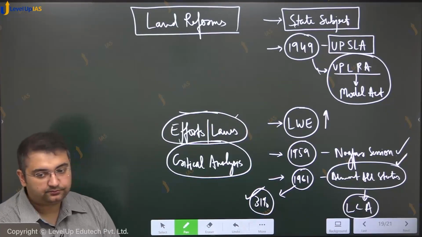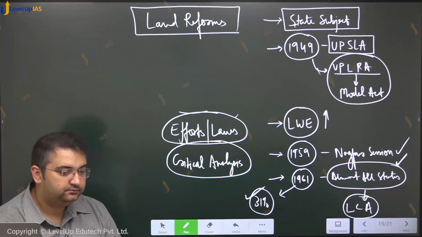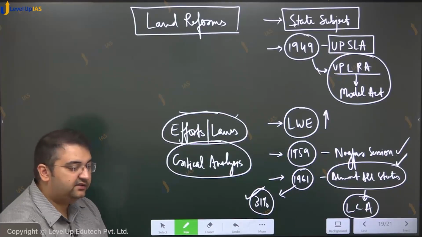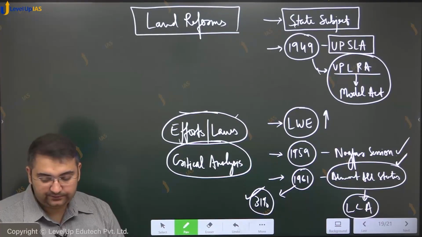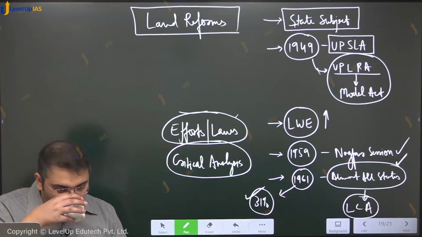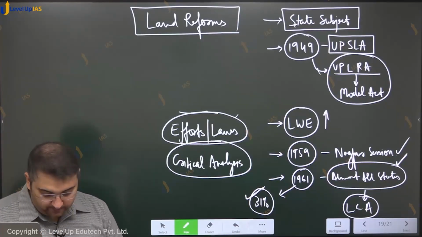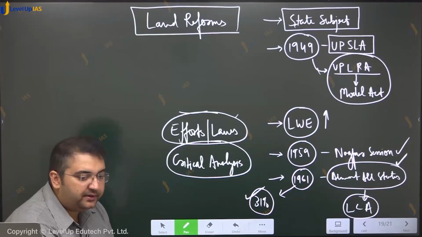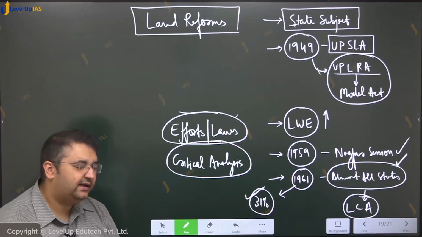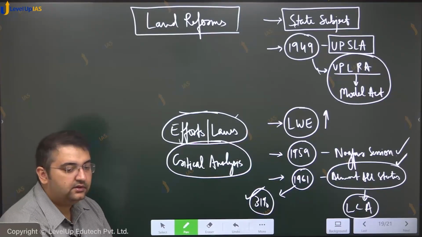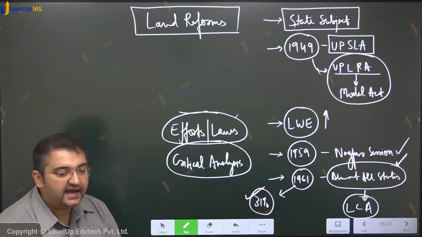Next point. The First Constitution Amendment Act, 1951, removed the right to property as a fundamental right, and added the Ninth Schedule.